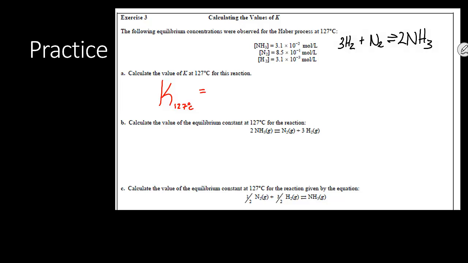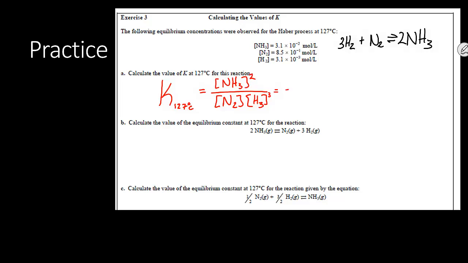So the value of K would simply be to take the concentration of ammonia at equilibrium and square it, then divide it by the concentration of nitrogen gas times the concentration of hydrogen gas cubed.